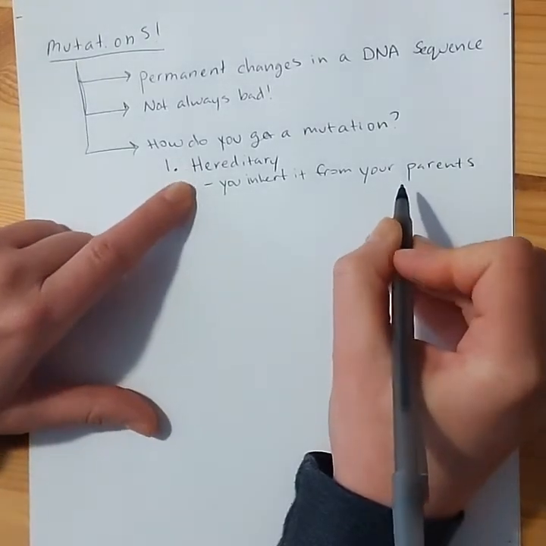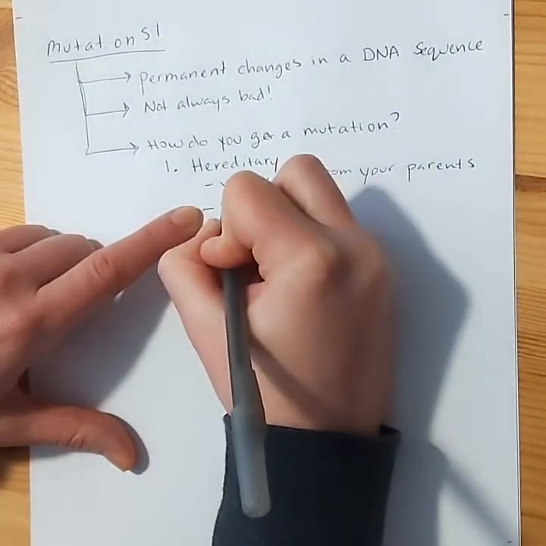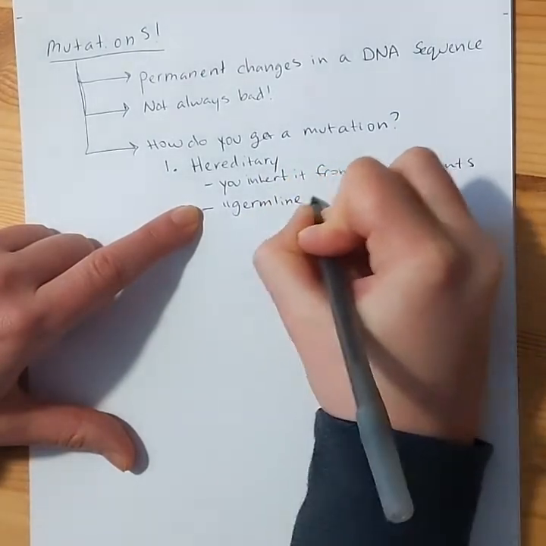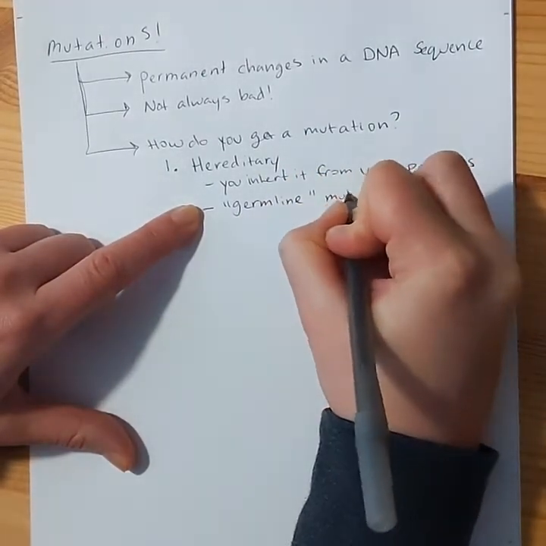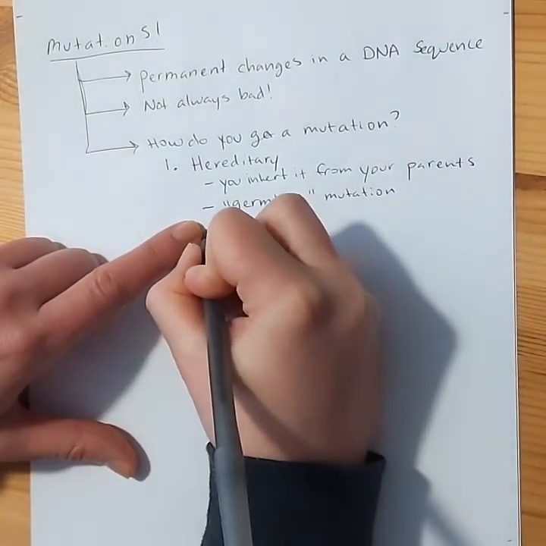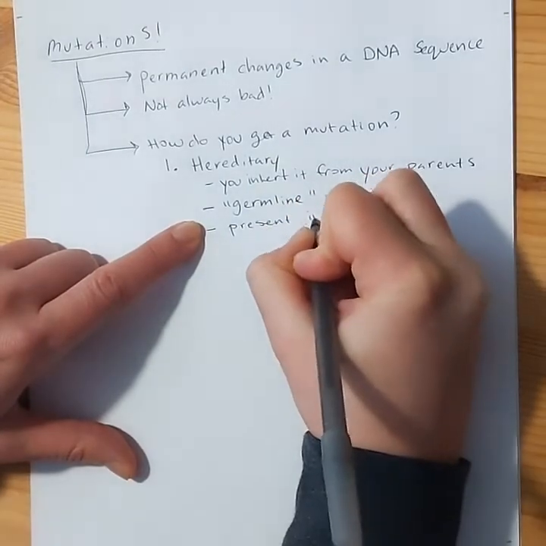And so hereditary mutations are often also called germline mutations. They're called germline mutations because they're present in the sperm and egg.